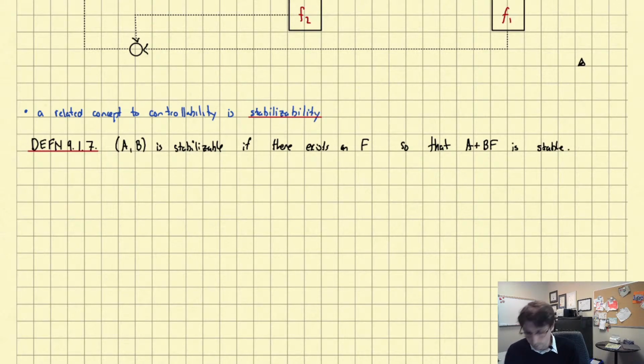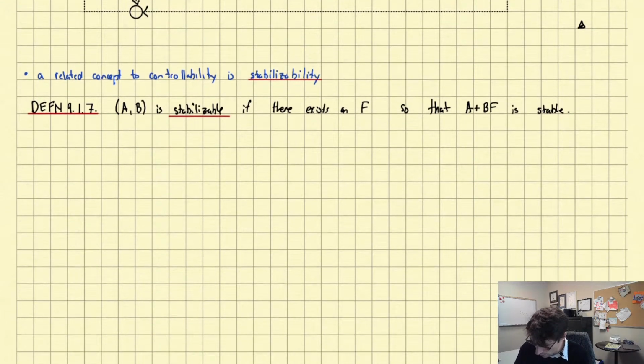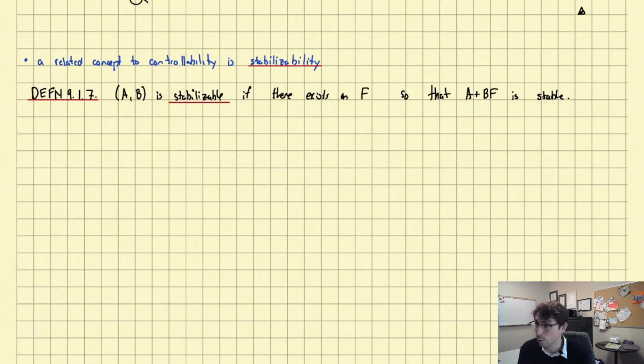Kind of a reasonable definition. And I want to point out that, of course, controllability implies stabilizability. Right? Controllability means we can place the eigenvalues anywhere, and in particular, we can make them stable. So controllability implies stabilizability. I'll write that down in a second, but let's do a little mini example here to show what might go wrong.